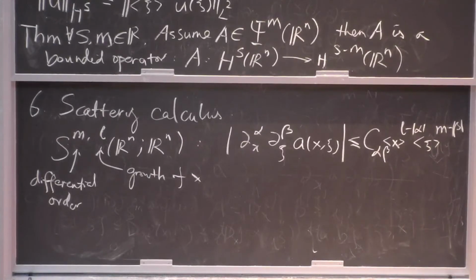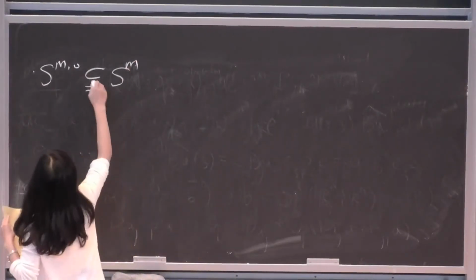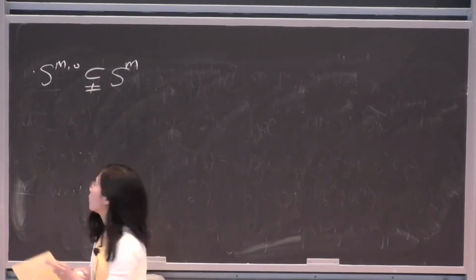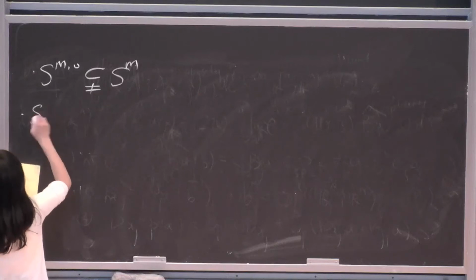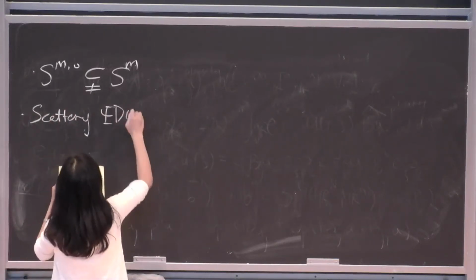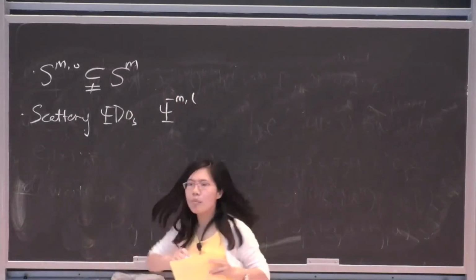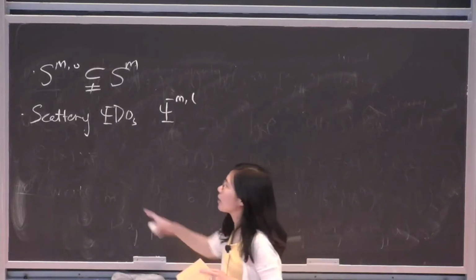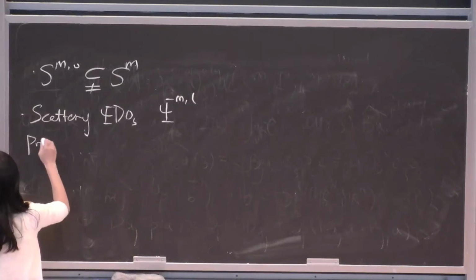The first thing is that this S^{m,0}, you can view it as a special class of the Kohn-Nirenberg symbol that I defined earlier, but there are more things. And the second is that I can define those scattering pseudo-differential operators. By similar notation, this Psi^{m,l} just means that the symbol is in this S^{m,l} class. All right, now let me talk about a few properties.